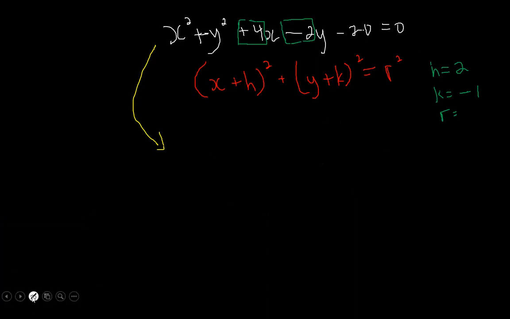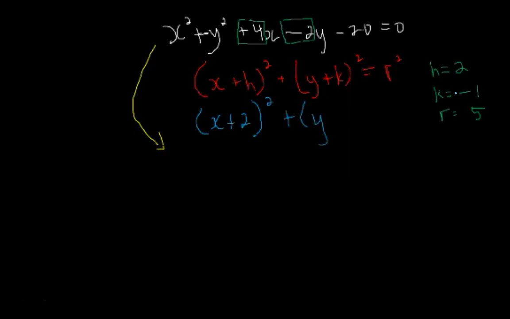Okay, so we know that h is 2, k is minus 1, and we just found out that r is 5. So now we can write it in the standard form, and we can get our answer. (x plus 2) squared plus (y minus 1) squared is equal to r squared.